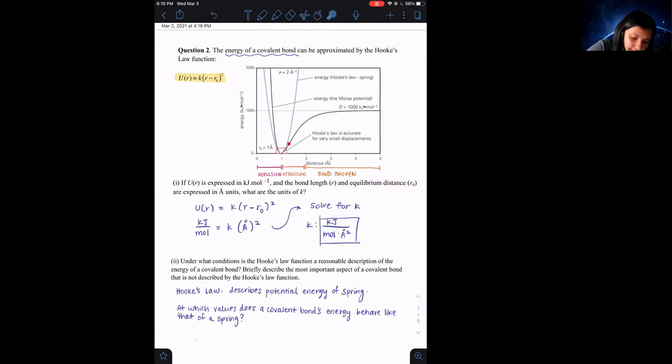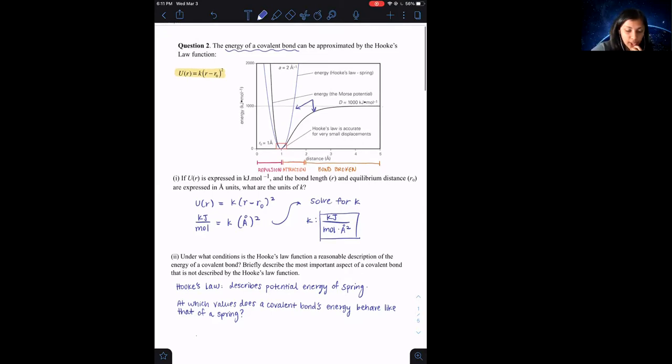At slight digressions from R naught in either direction, we can also see that Hooke's law approximates the actual energy pretty well. However, we can now look at regions where Hooke's law and the actual energy are different.